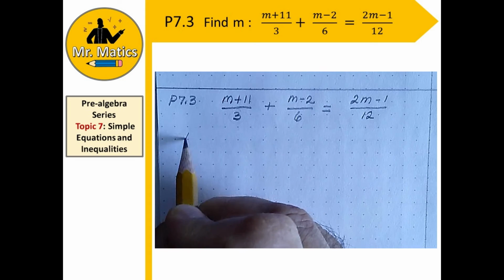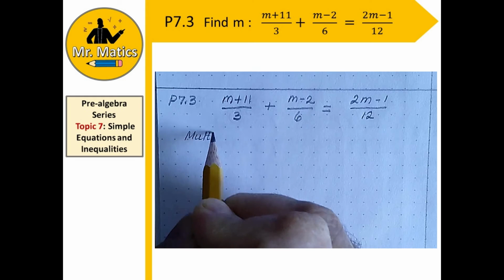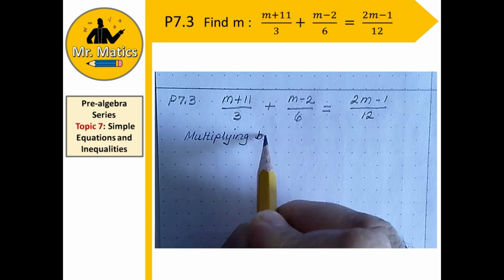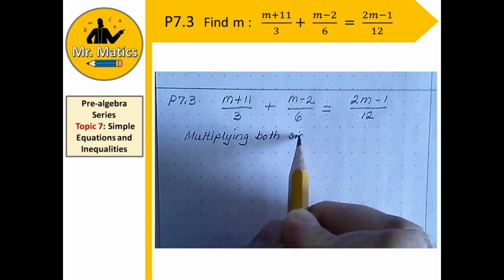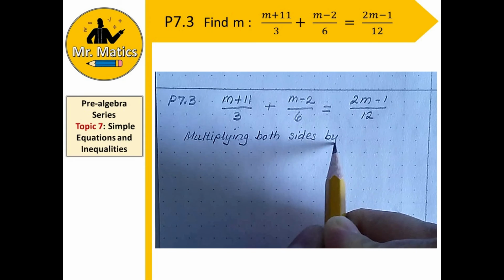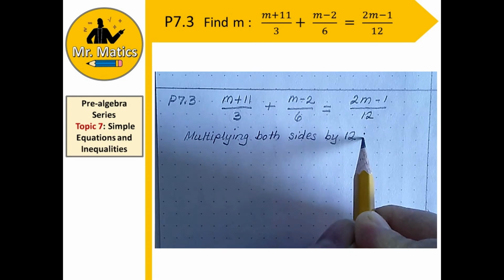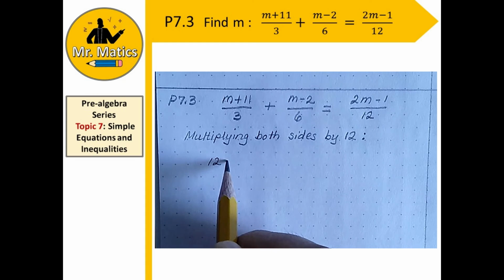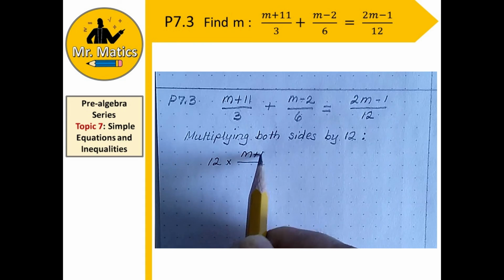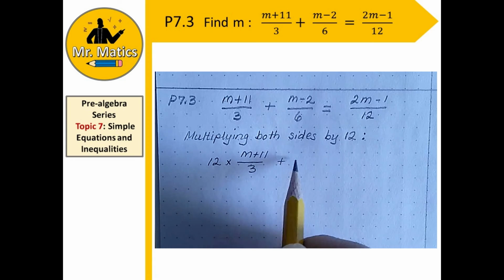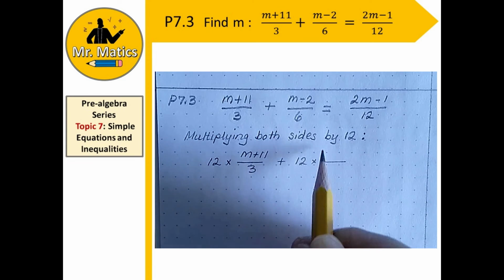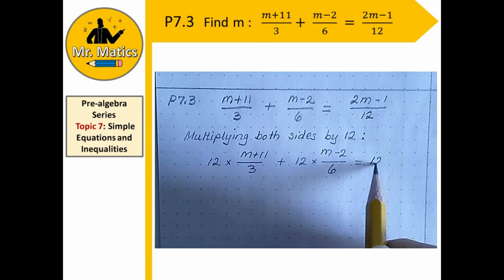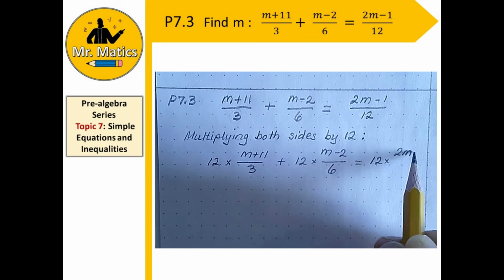So multiplying both sides by 12, you get 12 times m plus 11 by 3, plus 12 times m minus 2 by 6, equals 12 times 2m minus 1 by 12.